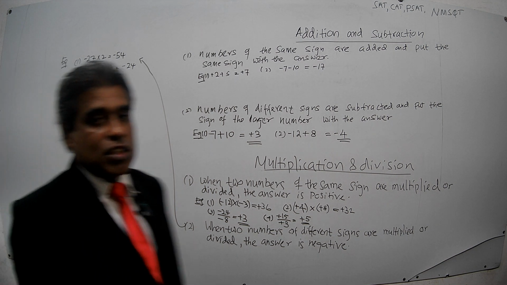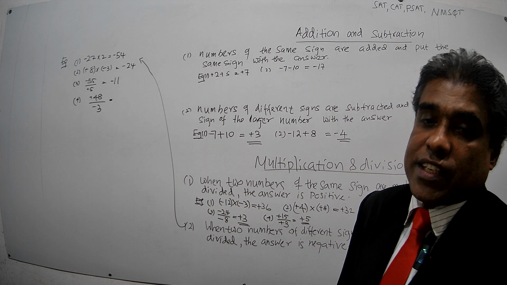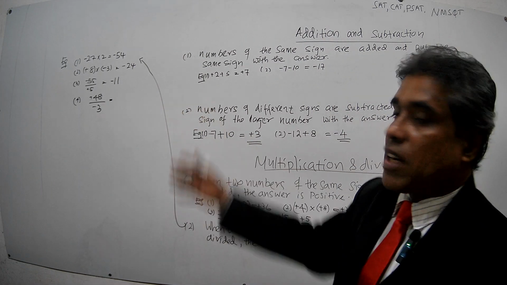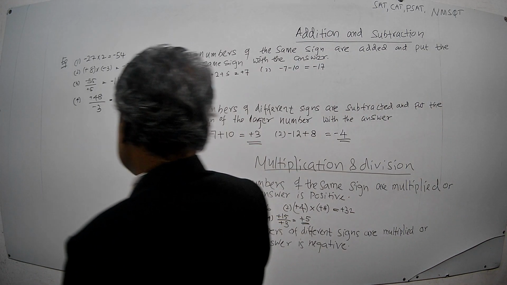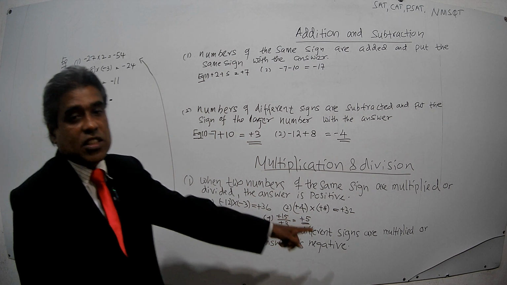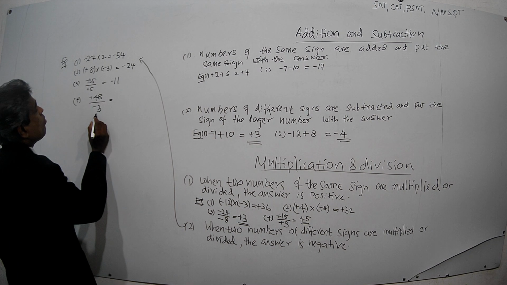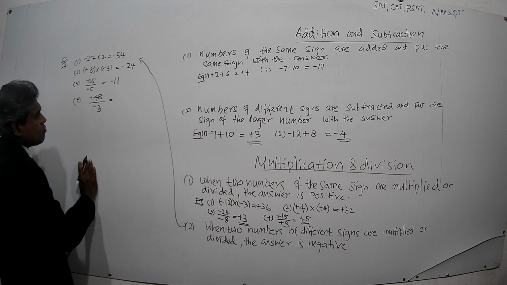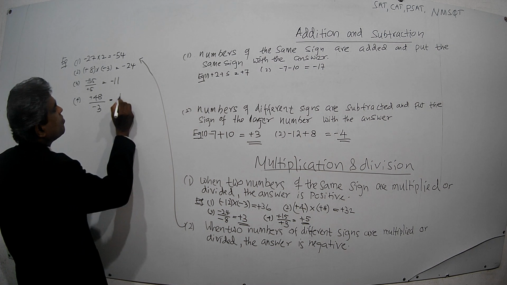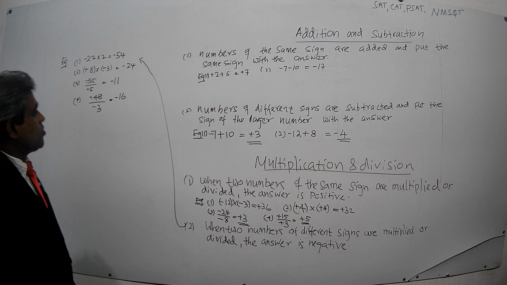Now plus 48 is going to be divided by negative 3. Now two numbers of different signs. We are going to divide two numbers of different signs. Therefore, according to the rule, when two numbers of different signs are divided, the answer is always negative. Therefore, you divide 48 by 3, 16. The answer is negative 16 because the two numbers have different signs.